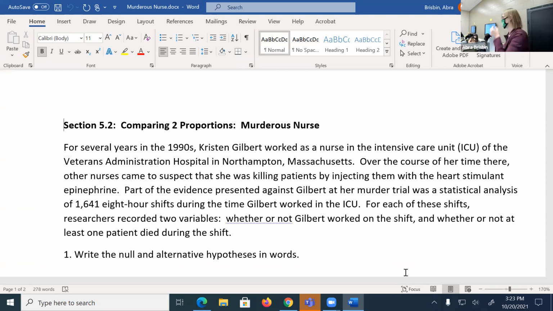Okay. Work backwards. Right, there's like two parts to it. So it would be killing versus not.